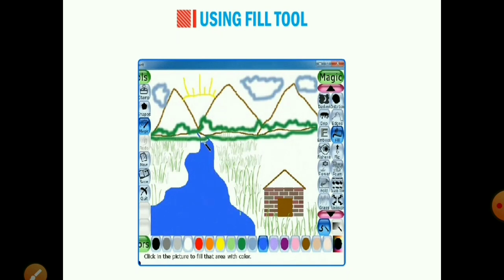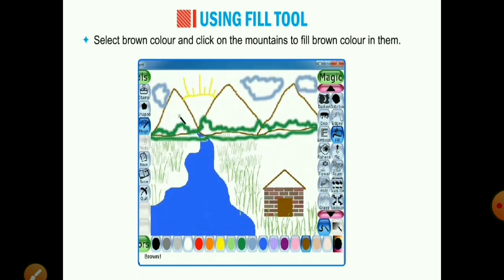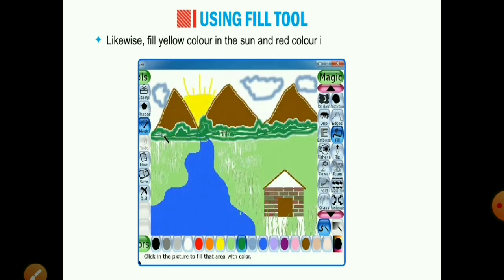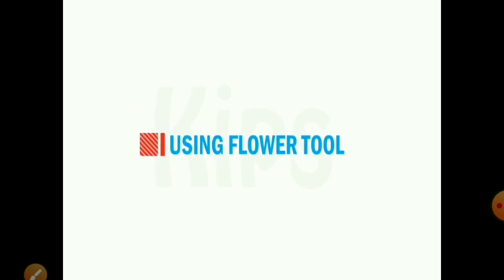Now just one click inside the river. The river will fill with blue color. Select brown color and click on the mountains to fill brown color in them. Our 3 mountains are filled with brown color now. Same as, fill yellow color in the sun and red color in the roof of the hut.